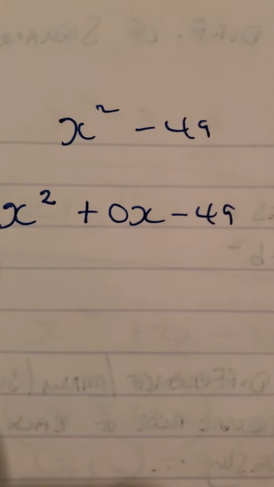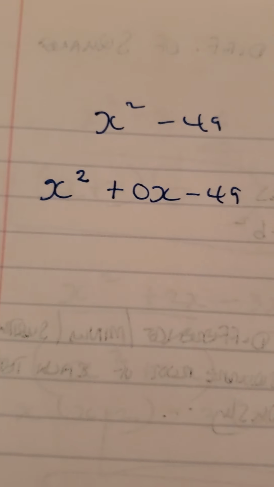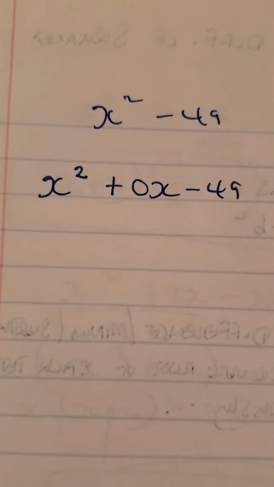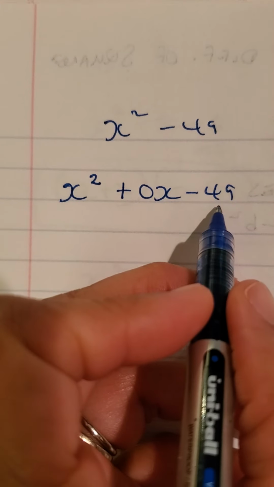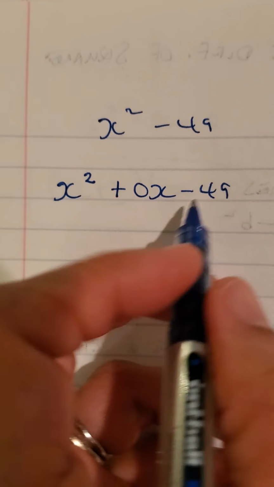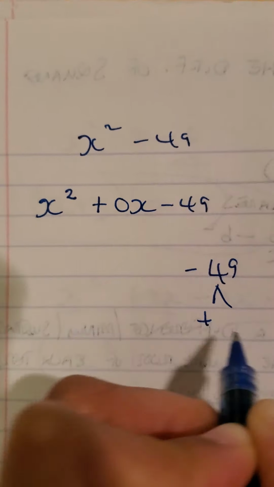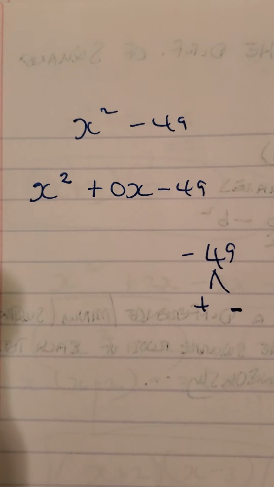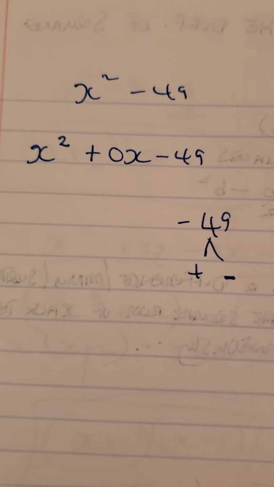It could be a minus 0x, it doesn't matter, because 0 times anything cancels out. Because my leading coefficient is 1, I can just find factors of the constant term. It's a negative, so it has to be a positive and a negative factor.